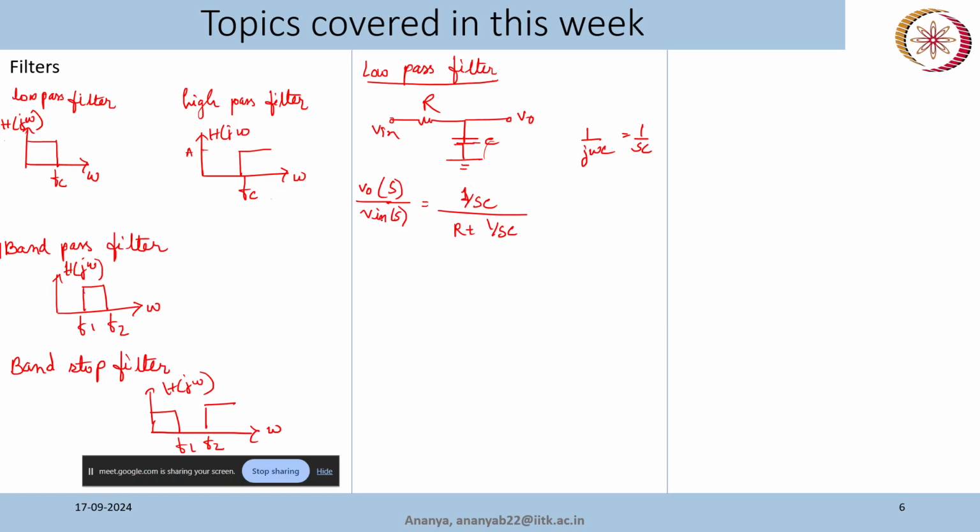So this is the transfer function for an RC low pass filter. H of S is equal to 1 by 1 plus RCS.